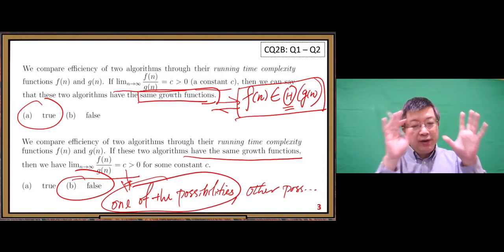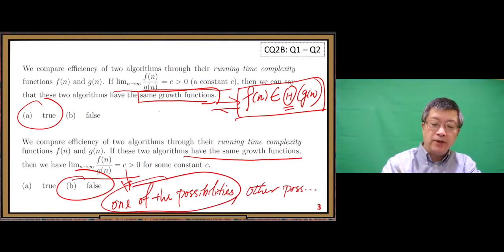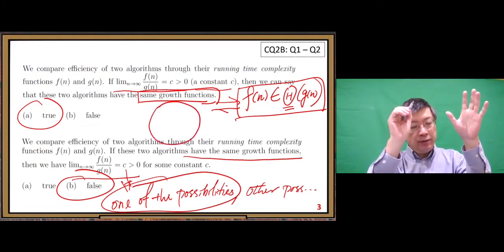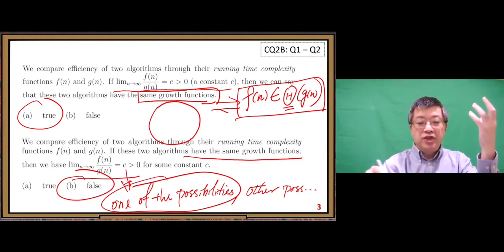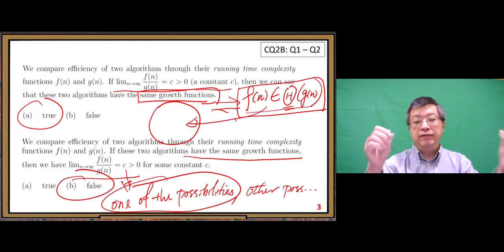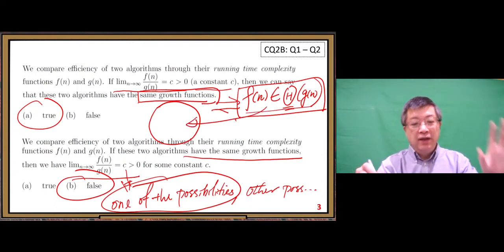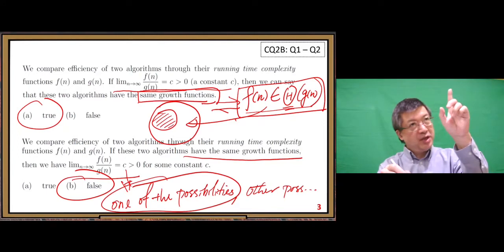All right. So here I would like to draw a diagram to show you why that is. Suppose this big circle represents the set of same growth functions. Then the ratio limit equaling a positive constant is just a subset inside the circle.